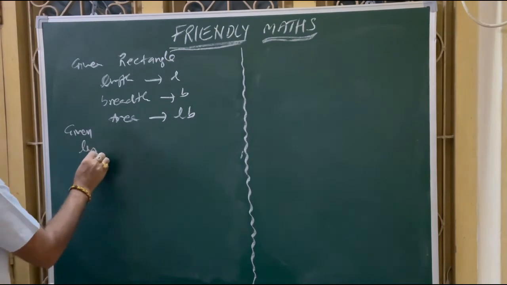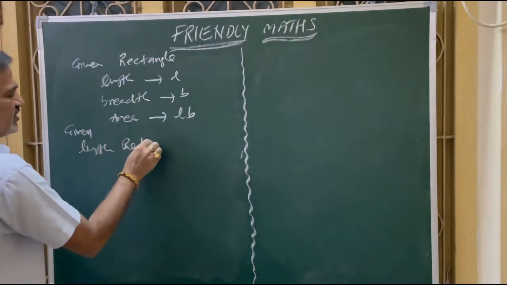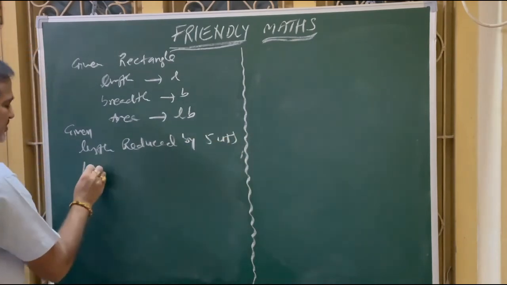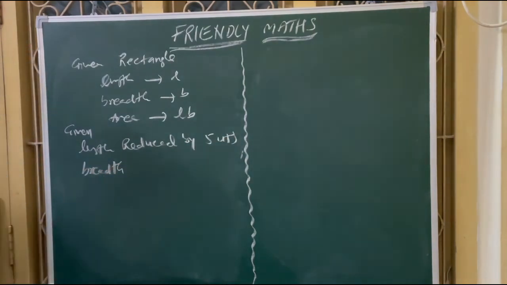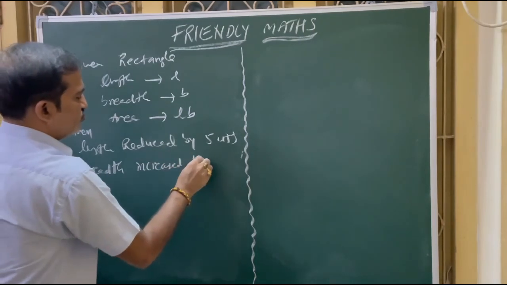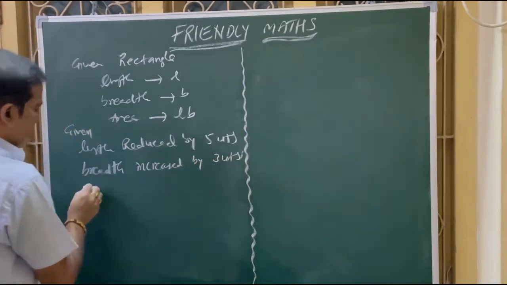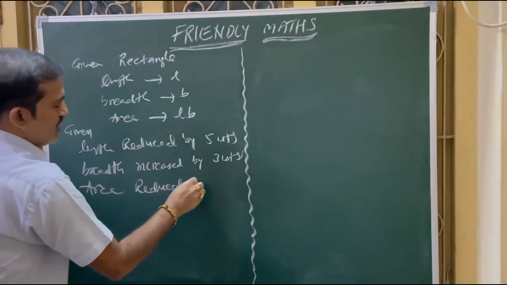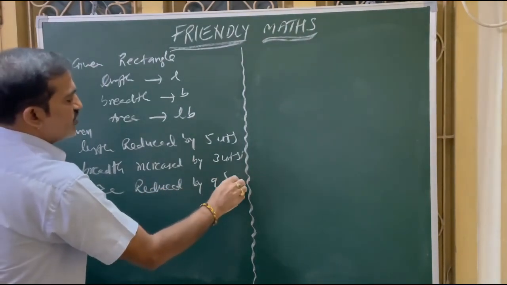Length reduced by 5 units, breadth increased by 3 units, but area reduced by 9 square units.